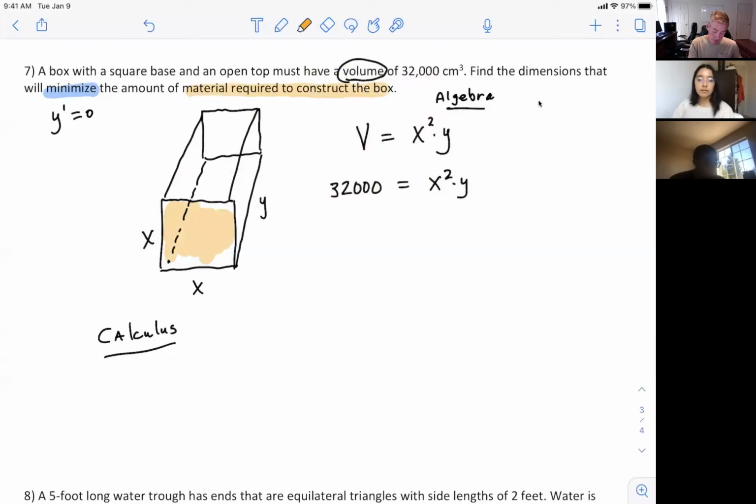And that would be x times x. So the amount of material, I'll just call it m for material. So this front side would be x times x, or x squared. And the back of the box is going to be the same, so another x squared. So there's two of them that have x squared.